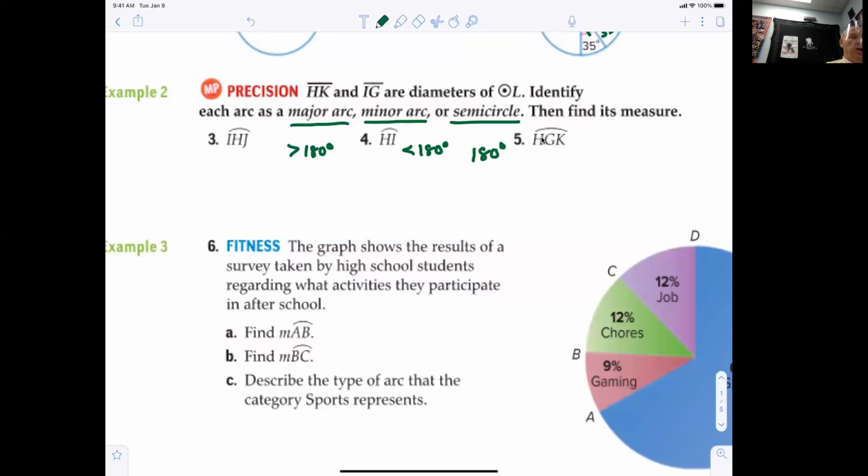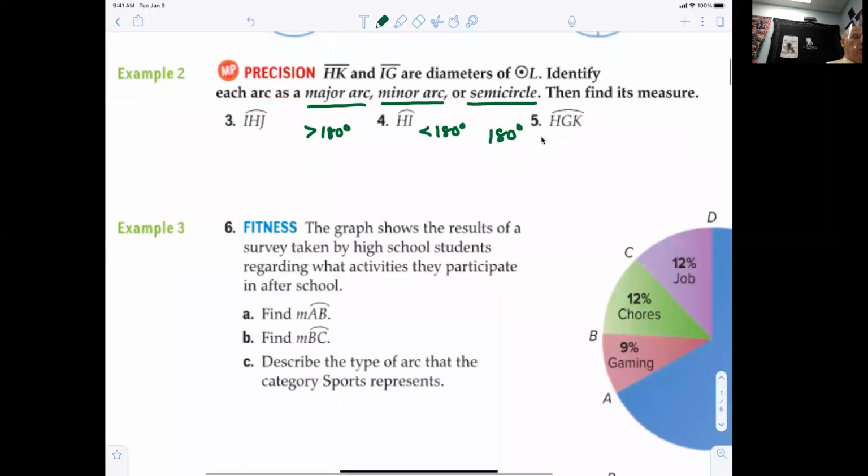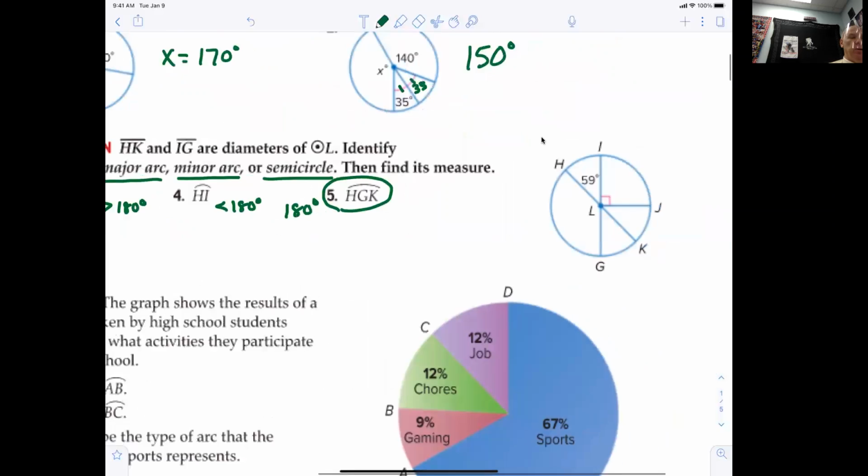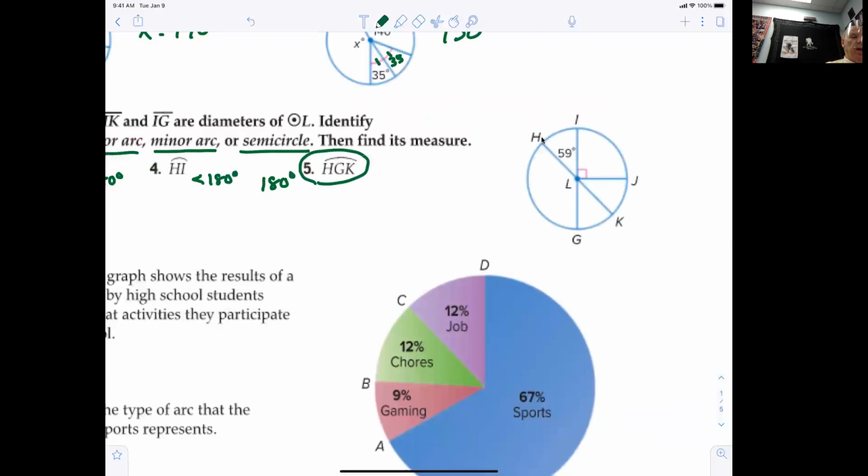I can identify a major arc and a semicircle quickly because it's always going to use 3 letters. Why does it use 3 letters? Let's look at this arc over here. If I just say arc HG, you'll be referring to this arc right here. Is everybody following me?